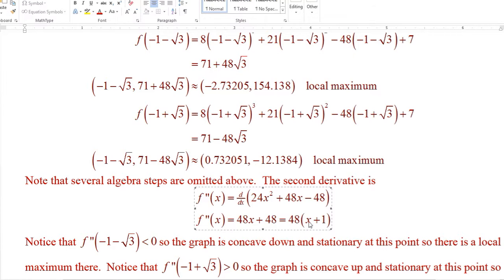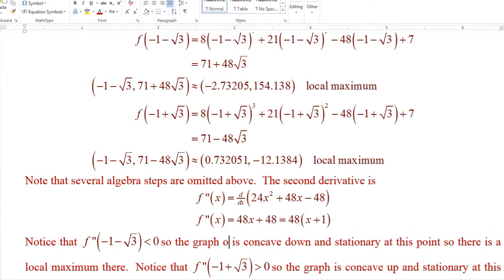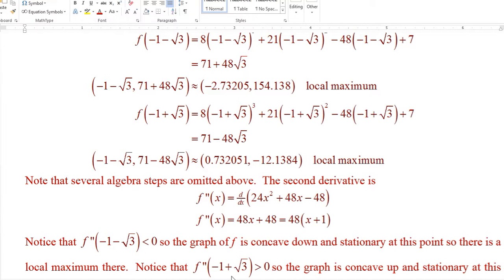So notice anything less than -1 is going to give a negative second derivative, and anything greater than -1 is going to give us a positive second derivative. So this is -1 minus something, so that's less than -1. So this is going to give a negative number. That means the graph of f is concave down, so there's a local maximum there.